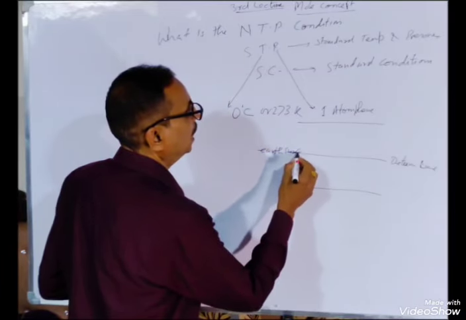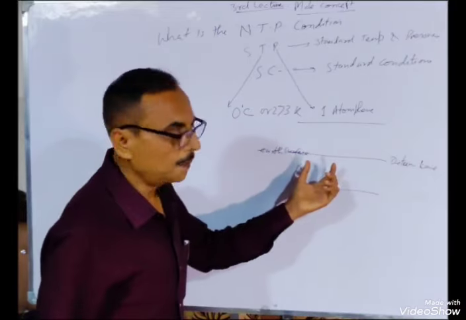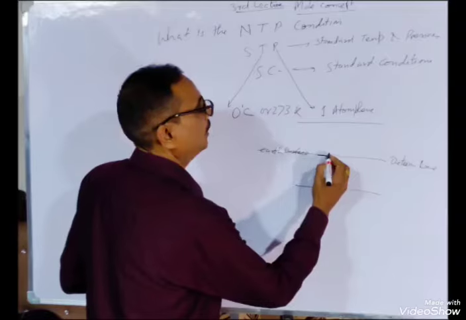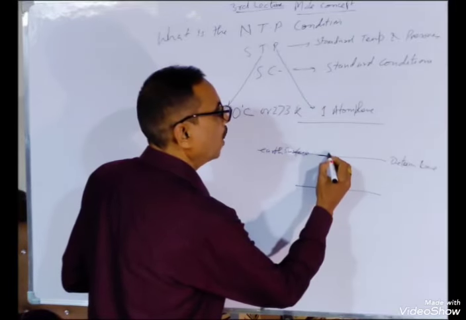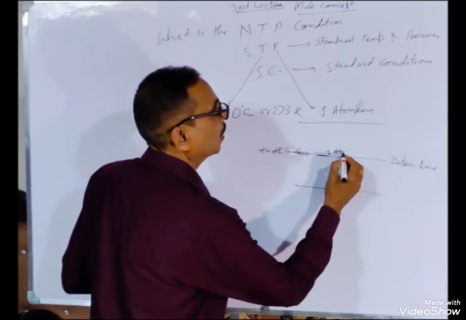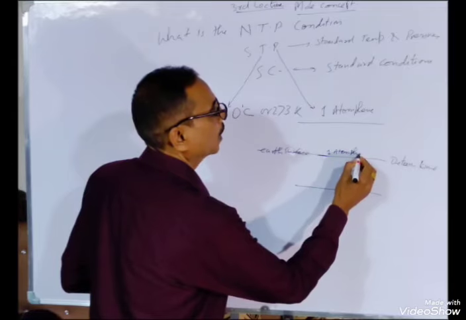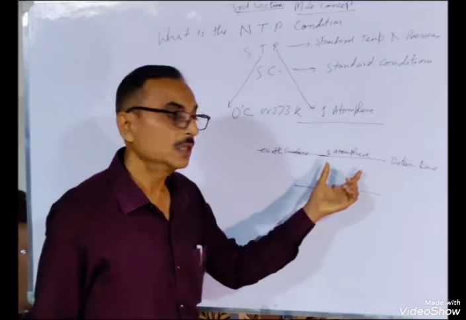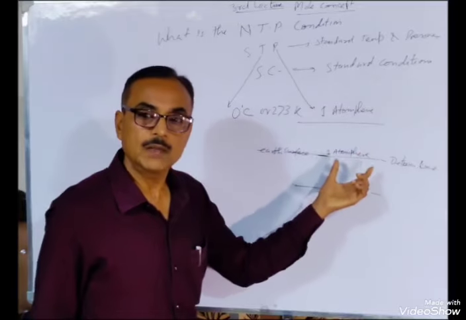If we consider the datum line as the earth surface, then the pressure on the earth surface is considered 1 atmosphere.